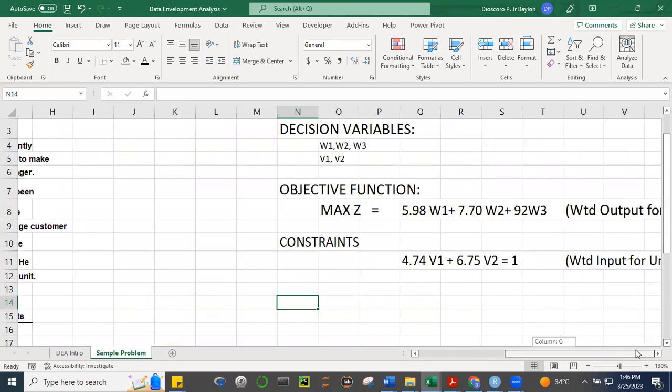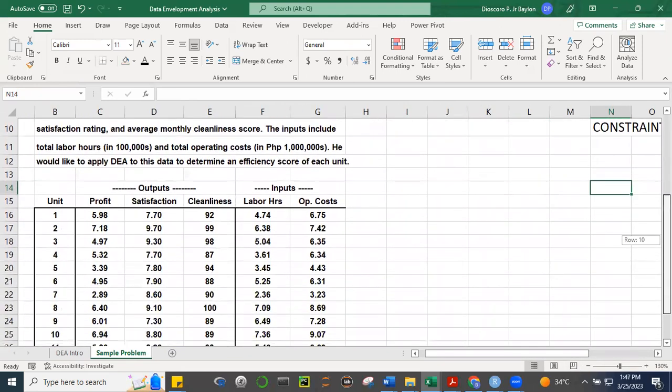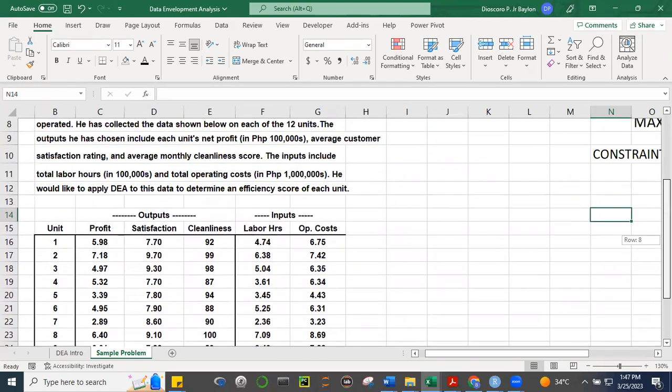So how many constraints as far as the bounded efficiency is concerned? How many units do we have here? There are 12 units.